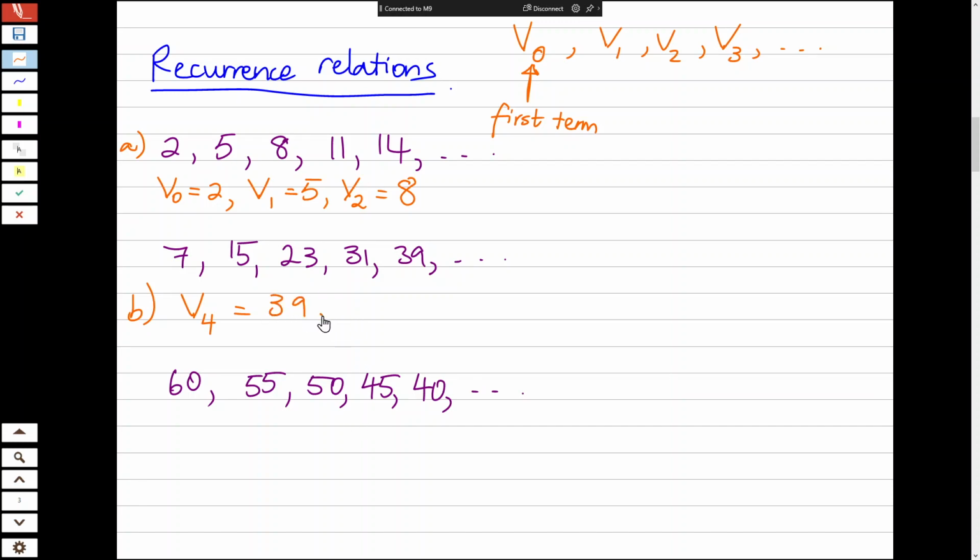What would V5 be? Because I haven't written it in the sequence. Yeah. So you've continued the pattern, and what's the pattern? Increase by 8. All right. So that's good. So you know how to find these numbers in the list. You can read them off the sequence.